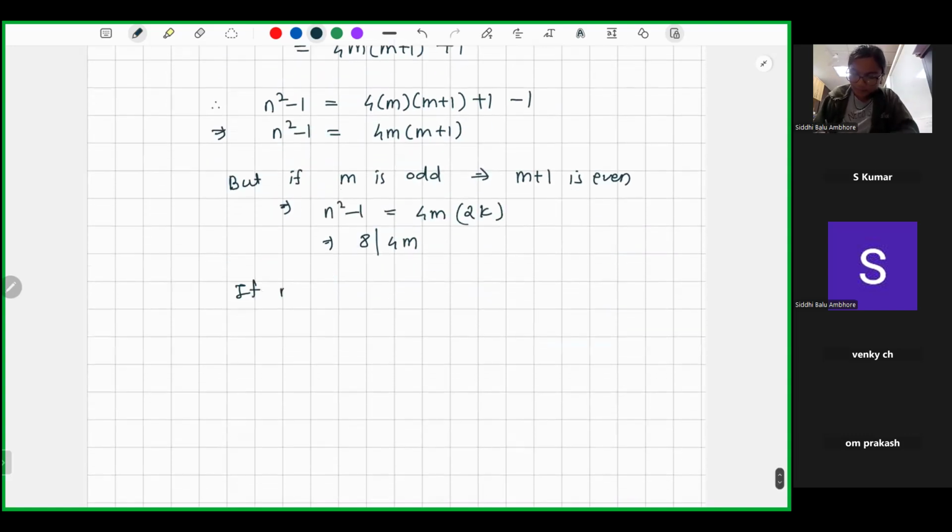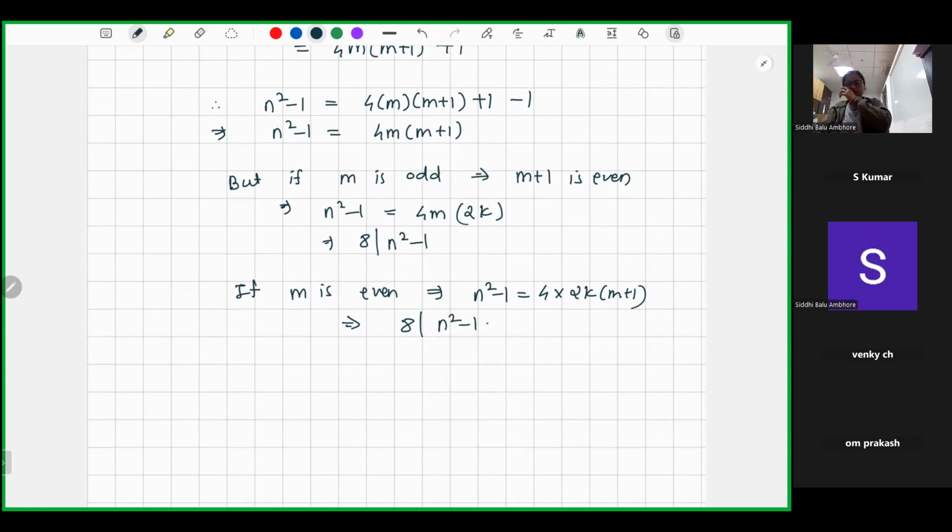And if m is even, then n square minus 1 is 4 into 2k into m plus 1, which again implies that 8 divides n square minus 1.